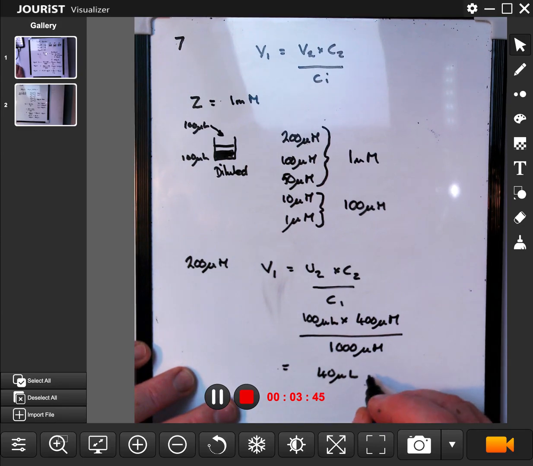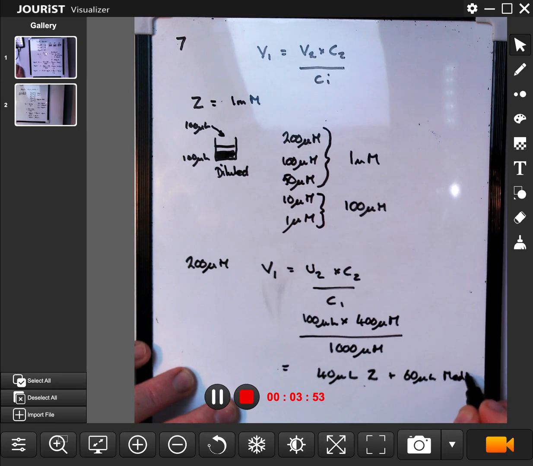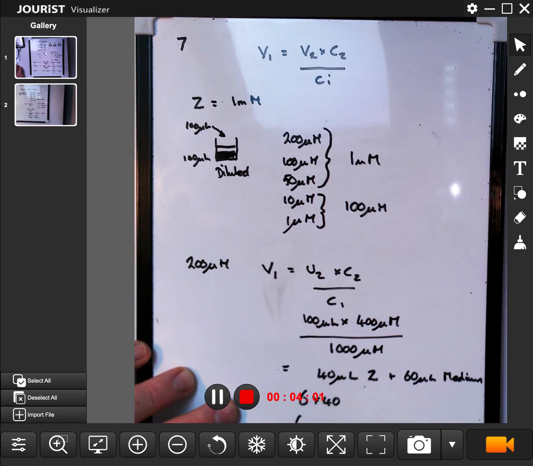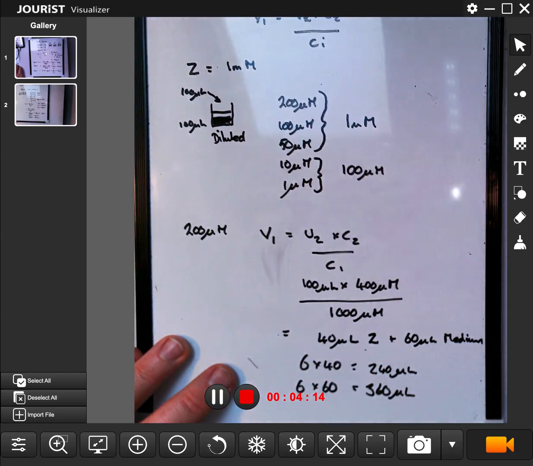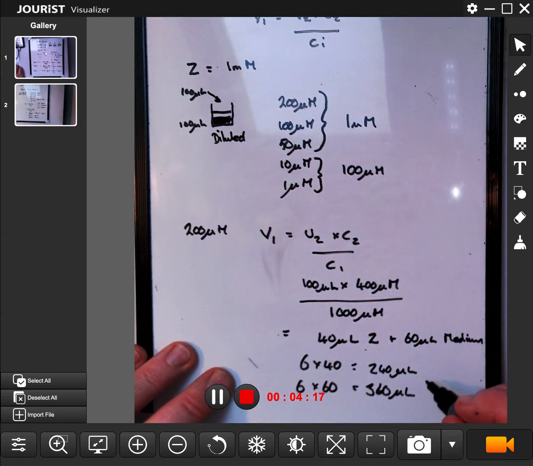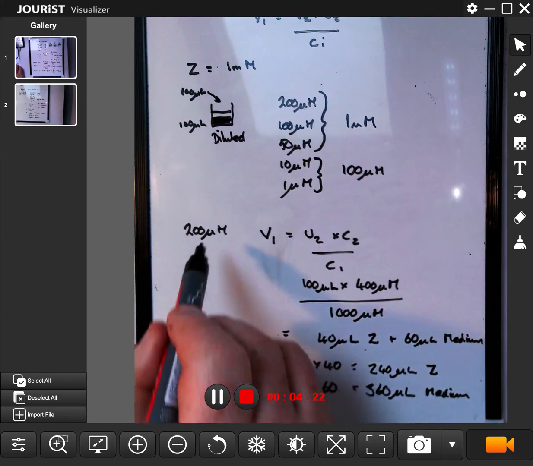So we're going to have 40 microliters of Z plus 60 microliters of medium. That brings it up to 100. Okay, and we want 6 of those. So it's going to be 6 times 40 and 6 times 60. Okay, so that's 240 microliters of Z and 360 microliters of medium. So that's our first one at 200.